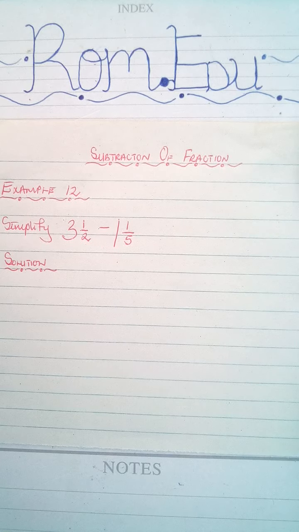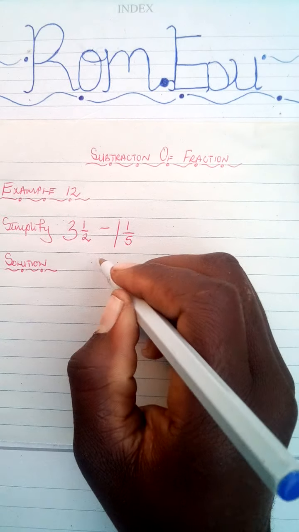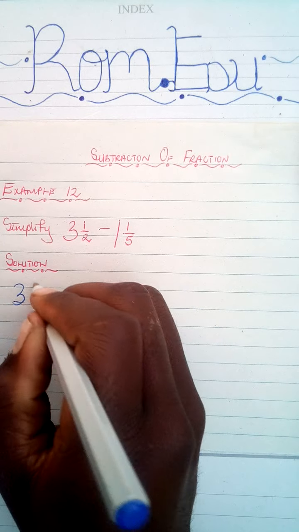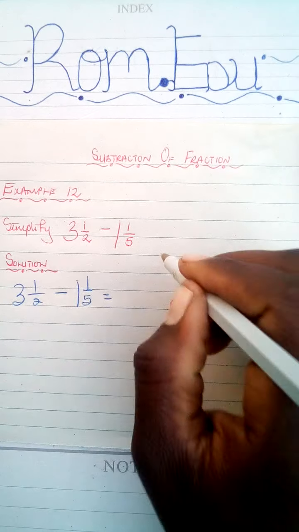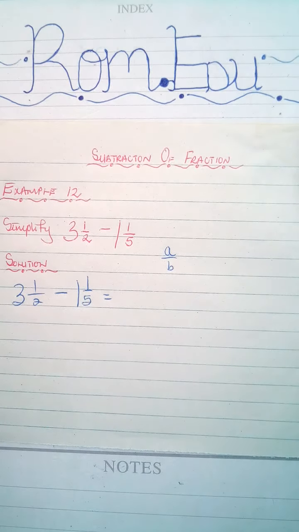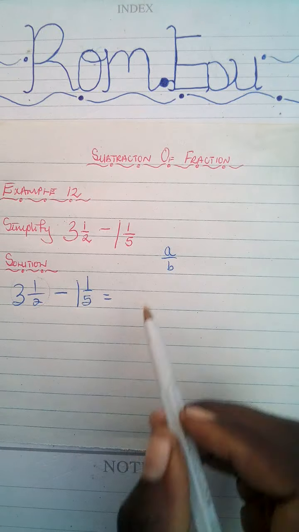So now let's look at our final example 12 under addition and subtraction of fractions. We are asked to simplify 3 and a half minus 1 and a fifth. So first thing again, let's write here. The first thing is to make sure that my fraction is in the form of a over b. So I change this mixed fraction to this form.